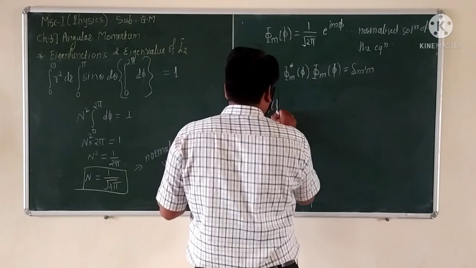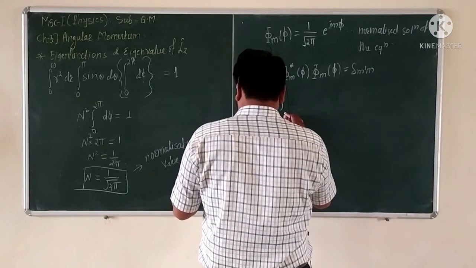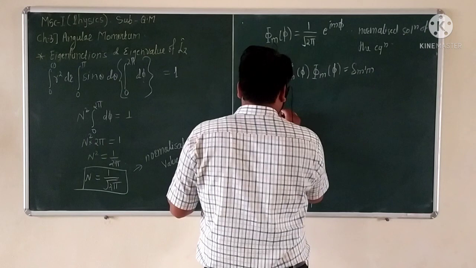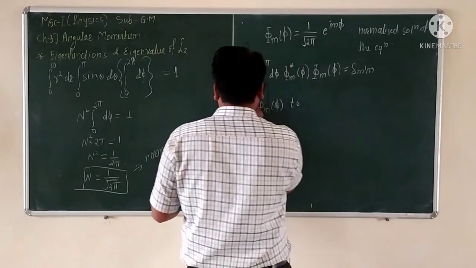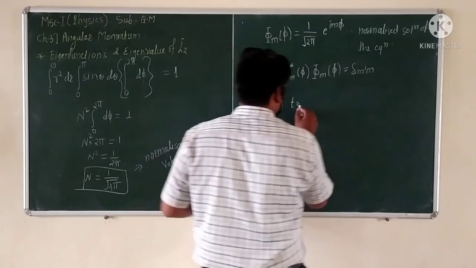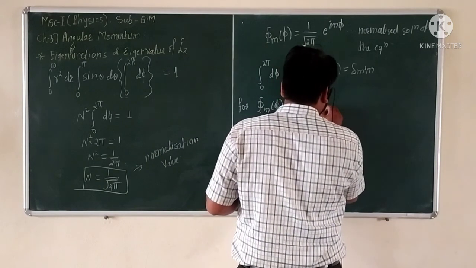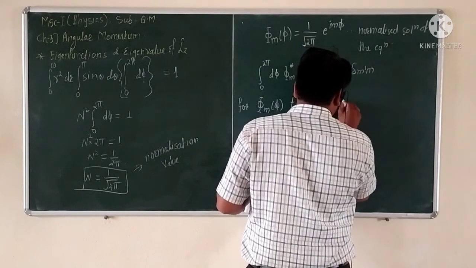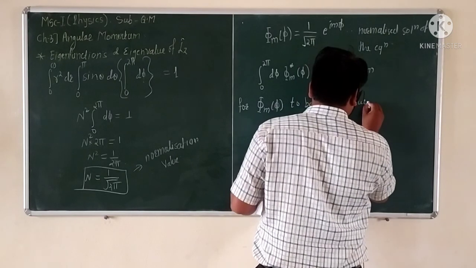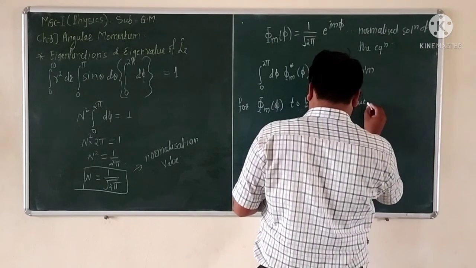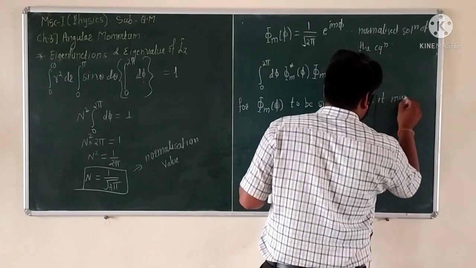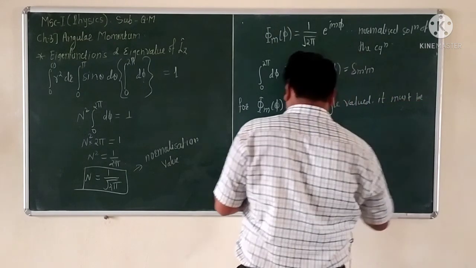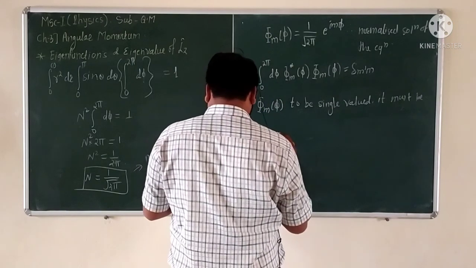Phi_m of phi is nothing but to be single valued, and it must be periodic in phi.